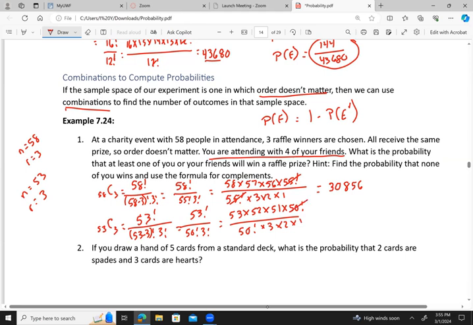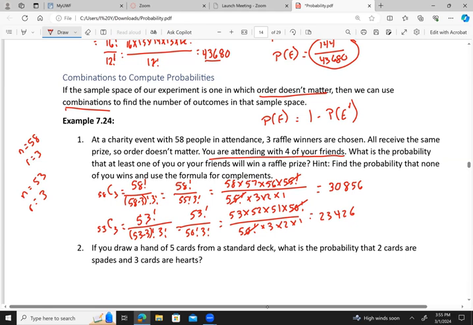The 50 factorials cancel out, and this is 23,426. So now, there are a total of 30,856 possible groups of 3. There are 23,426 possible groups of 3 that do not have me or my friends in them.